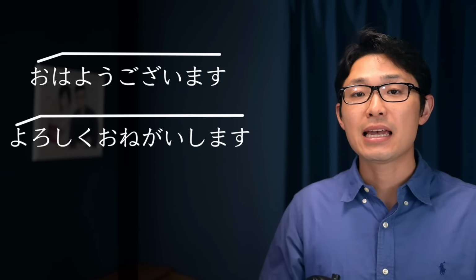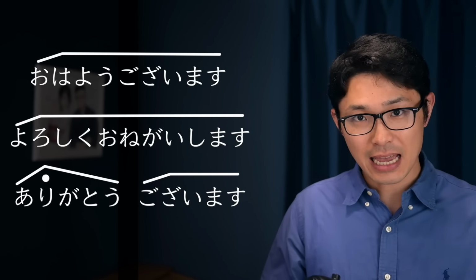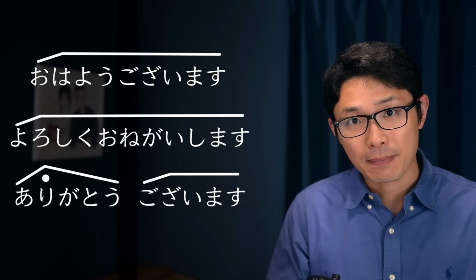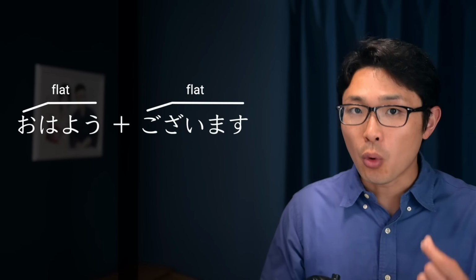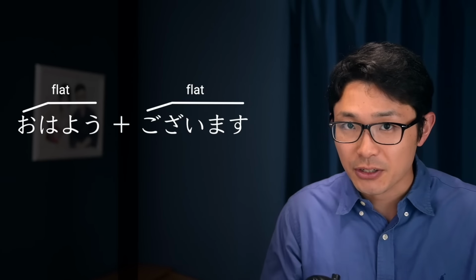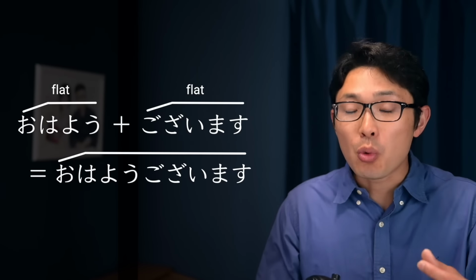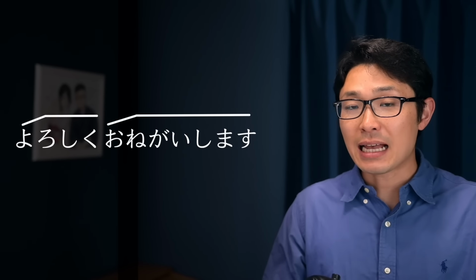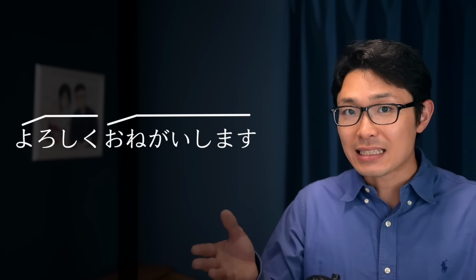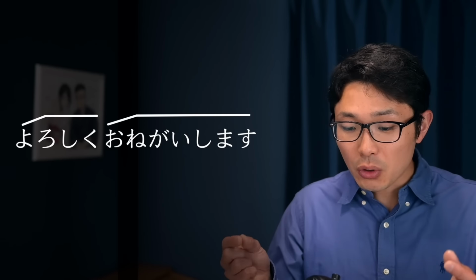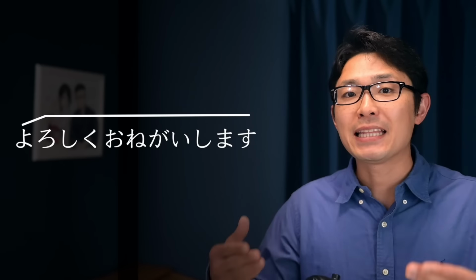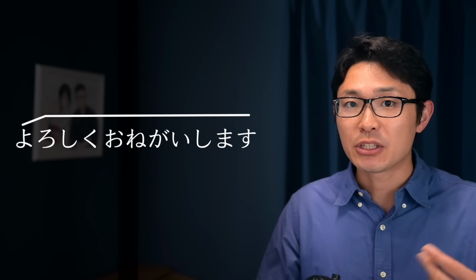But when I say ありがとうございます, I divided this phrase into two accent units. That is because when flat words come next to each other, you combine them into one accent unit. So, よろしく is a flat word. お願いします, as I told you, people read it just like a flat word. So when those flat words come together, people generally combine them into one accent unit.